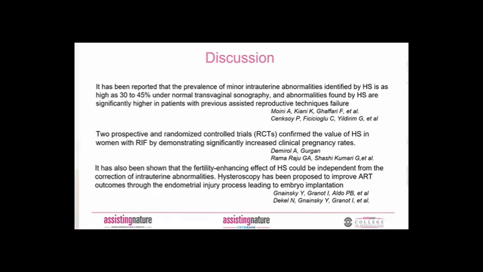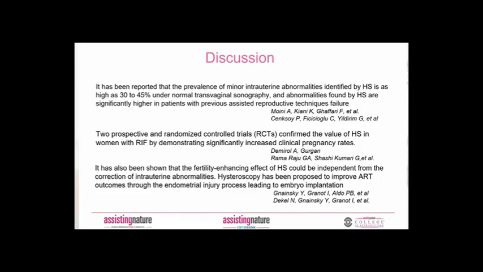Two prospective randomized controlled trials, RCTs, confirmed the value of hysteroscopy in women with RIF by demonstrating significantly increased clinical pregnancy rate. It has also been shown that the fertility-enhancing effect of hysteroscopy could be independent from the correction of uterine abnormalities.